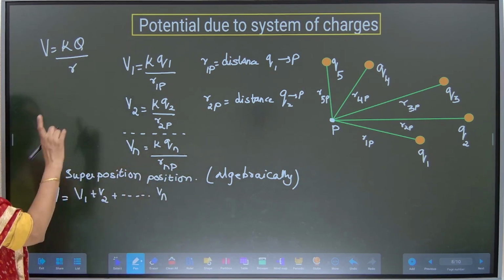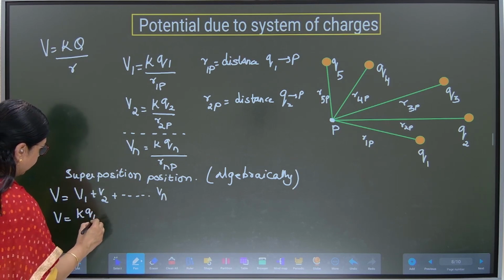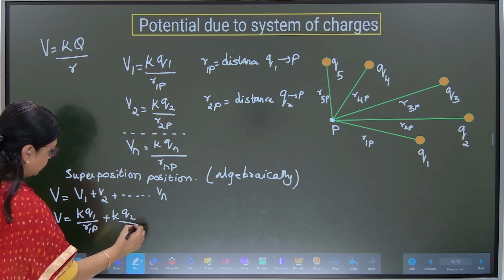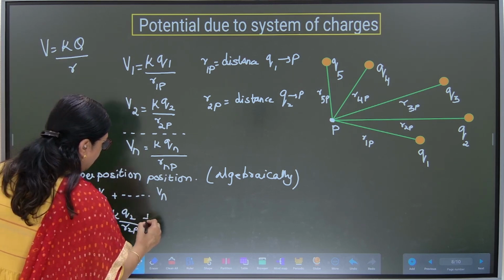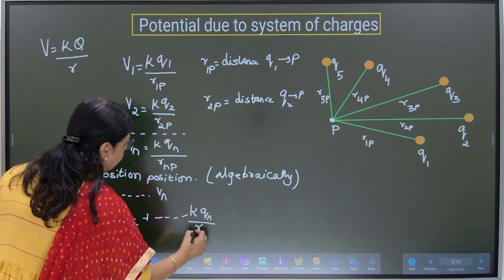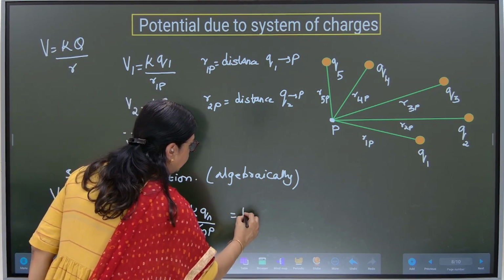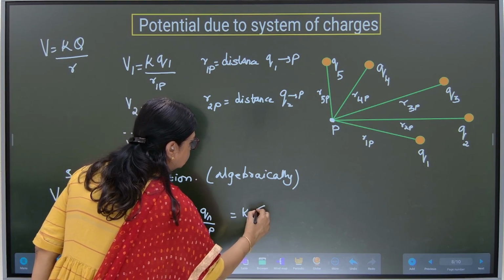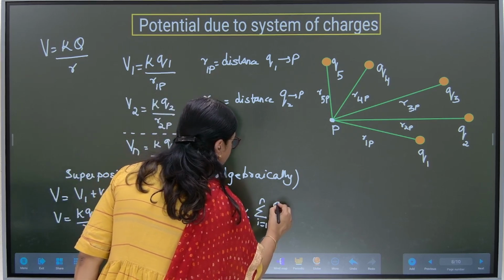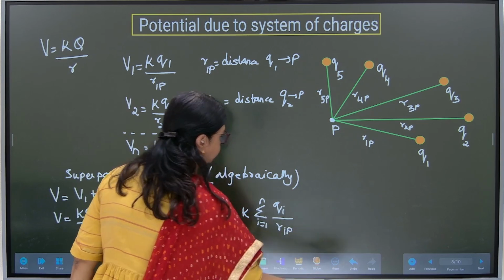Fine. So summation of all this, we can write it as K Q1 upon R1P plus K Q2 upon R2P plus so on, K Qn upon RnP. So taking the common K, we can write K times sigma i equal to 1 to n, Qi upon RiP.